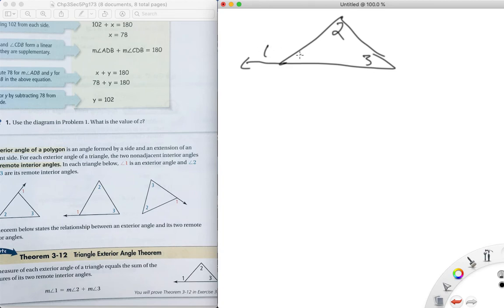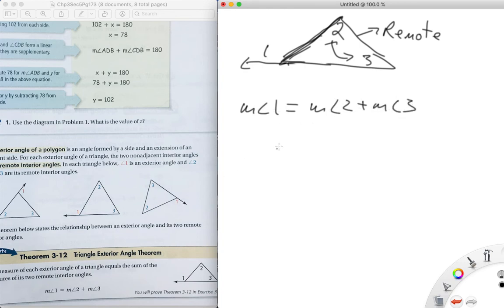So let's call this 4. 4 is sharing a common side with 1, so 4 is not a remote interior angle. 2 and 3, they're remote, because they don't share a common side. So since they don't share a common side, they're called remote interior. So 1 is equal to the sum of 2 and 3.